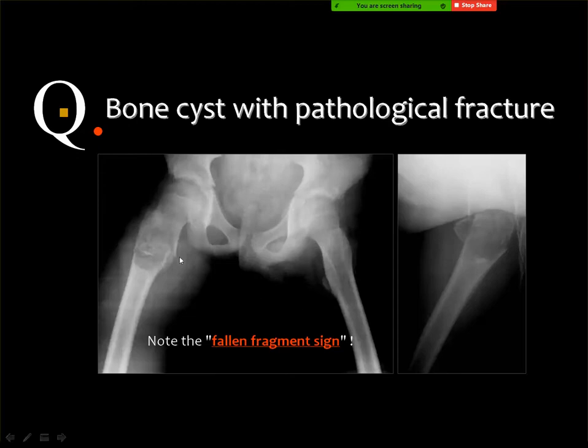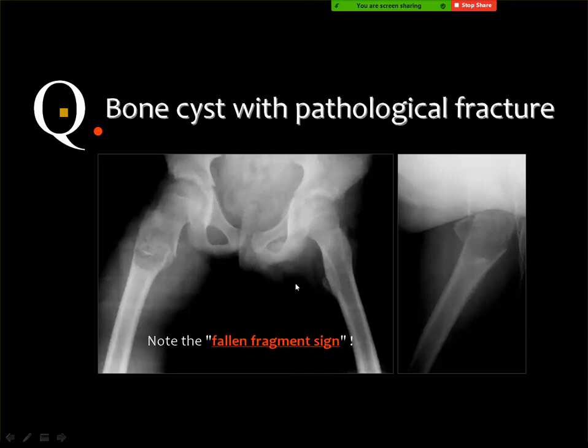The simple bone cyst may be liable for fracture, and in such a fracture the bone fragment falls down within the cyst to the bottom, and this is known as the fallen fragment sign, which indicates that this cyst is a unilocular cyst. It does not contain any septation, so the fracture fragment can easily fall down into the bottom of the cyst.